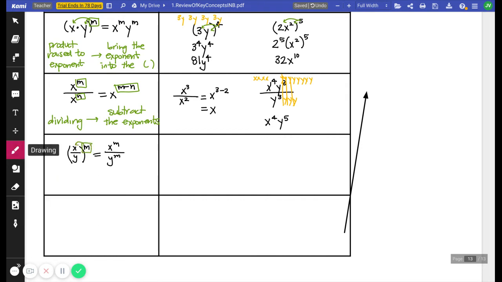So it hits the x and it hits the y. If I have a fraction raised to an exponent, move it to the numerator and denominator. Okay.